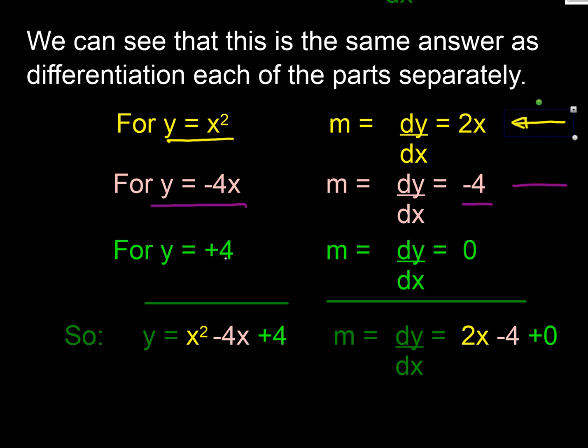And if we've got just a plus 4, we're going to get 0. And if we just add those parts up, there we go, we get 2x minus 4 there. So in practice, we could have used the generalized formula we've got and just done the parts separately.